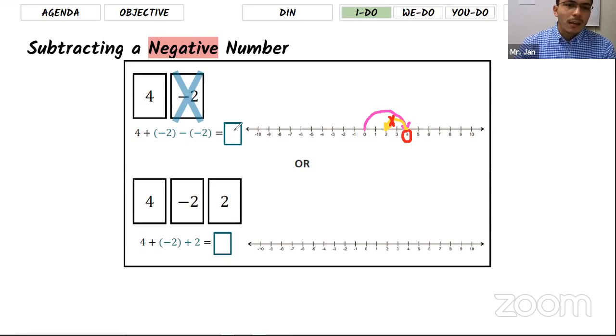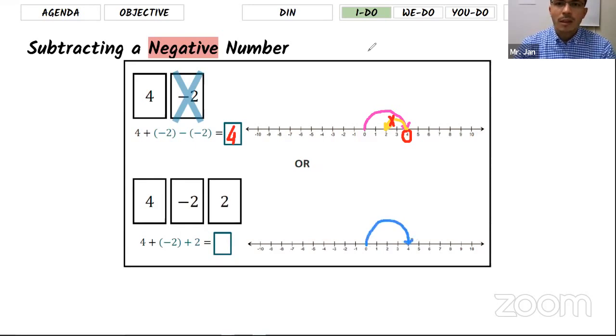And in the second example, actually crossing out or taking away that card is the same thing as adding its opposite. It's the same statement for this kind of case too. Let me show you this one. The first card is 4, so you need to go and find 4. It's right here.